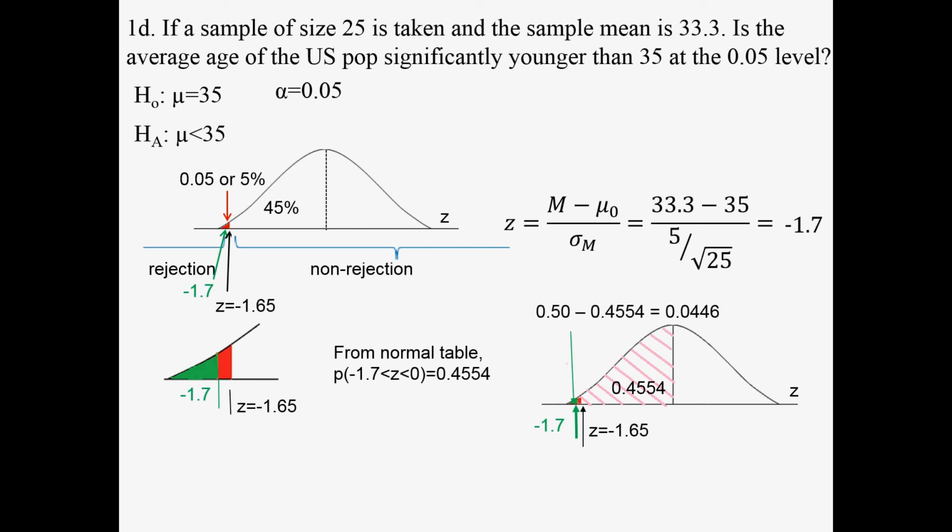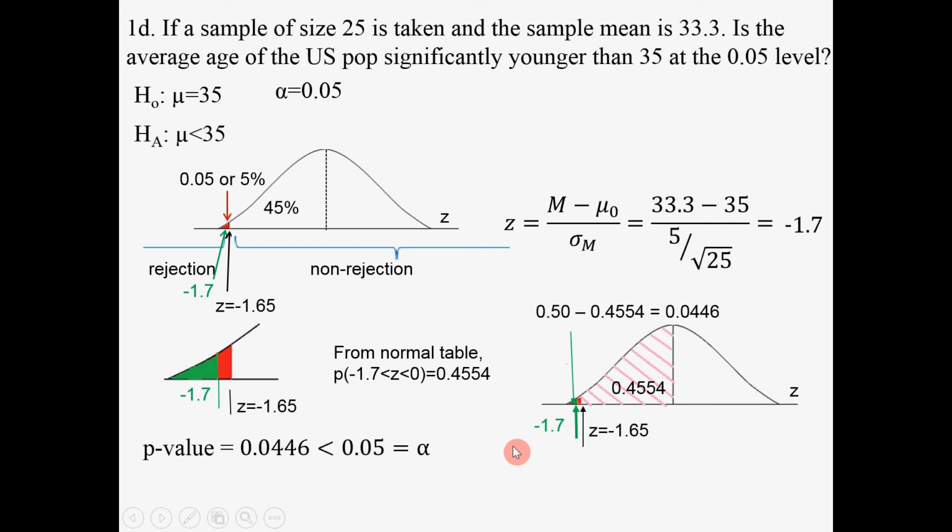So the size of the green corner is 0.0446. Since this is a one-tail test, the p-value is the size of this green corner. So the p-value is 0.0446. It's just marginally smaller than 0.05.